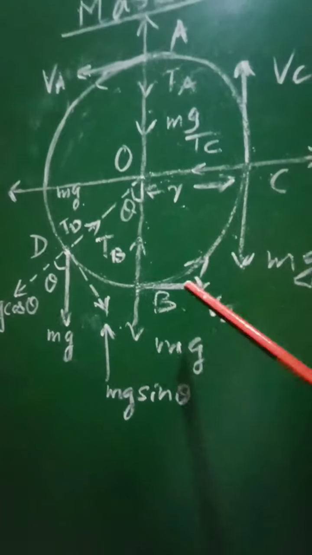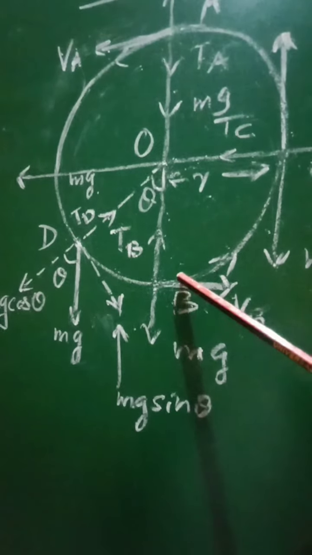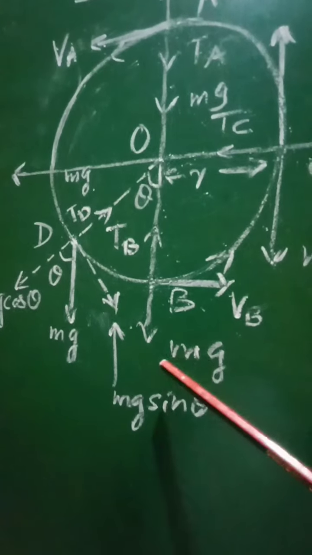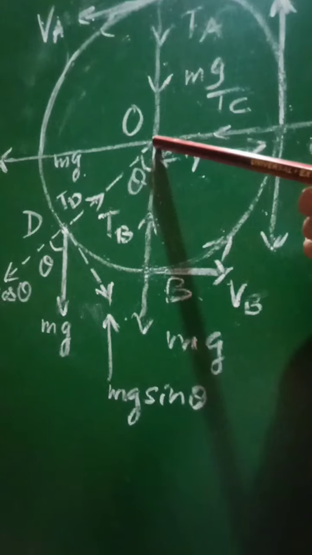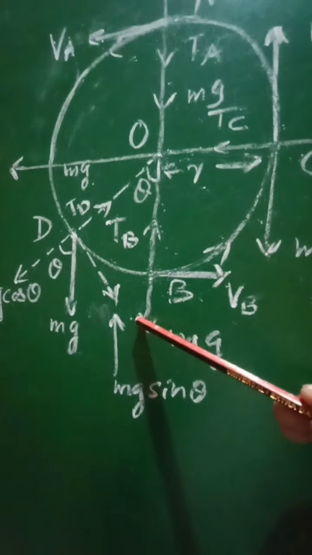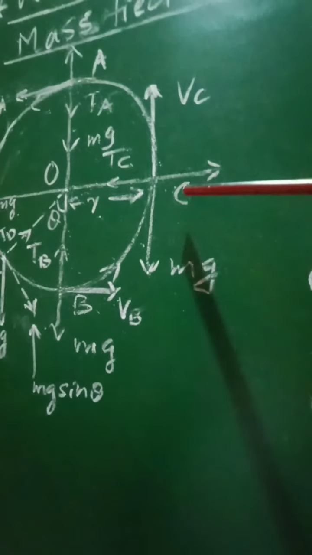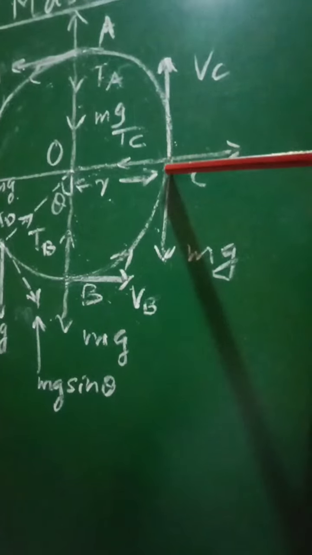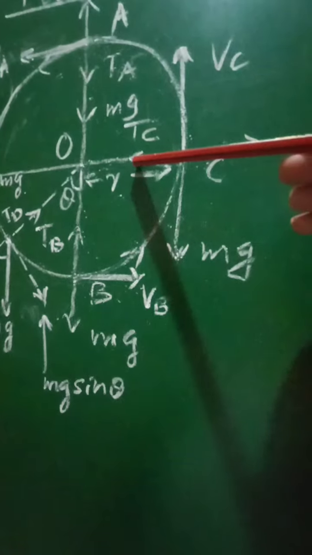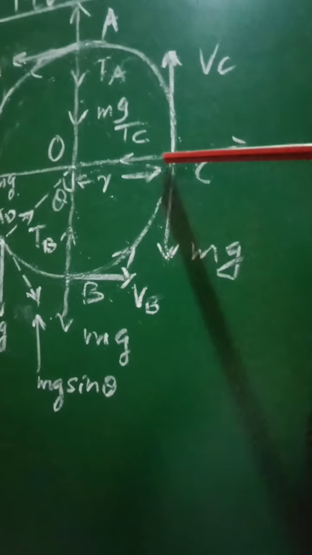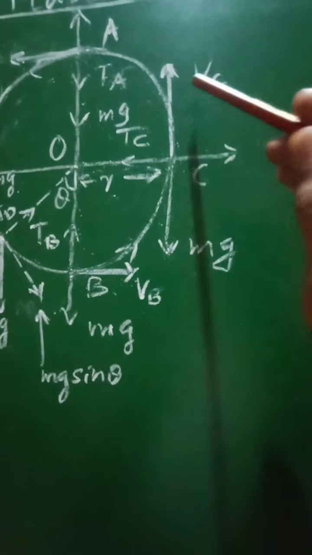When that bob comes to position B, the two forces acting on it, that is mg, will be directed in the downward direction, and TB, that is the tension in the string, is directed towards point O, that is they are oppositely directed. Its velocity is VB. Now when this is at point C, the weight of the bob is acting in the vertically downward direction, and tension in the string will be along the horizontal diameter of that circle, that is TC, and velocity at this point will be equal to VC.